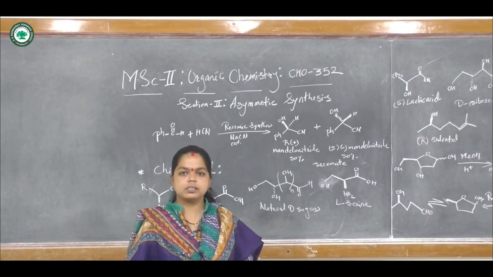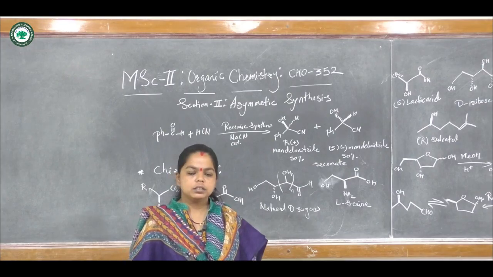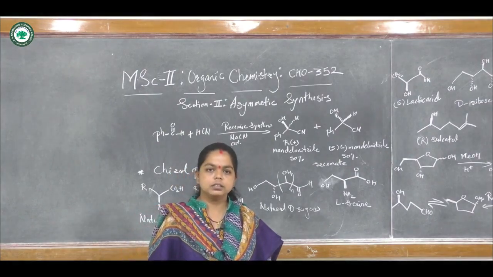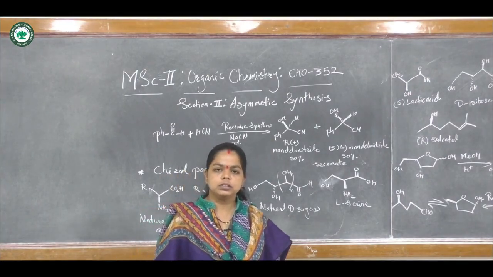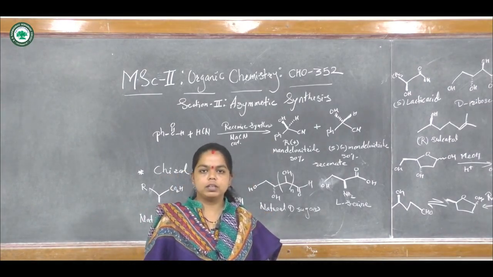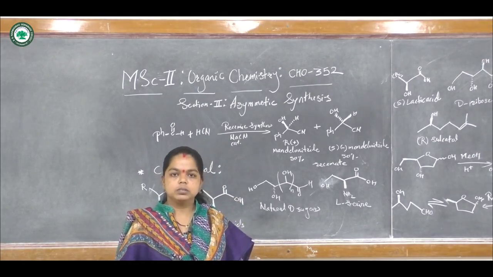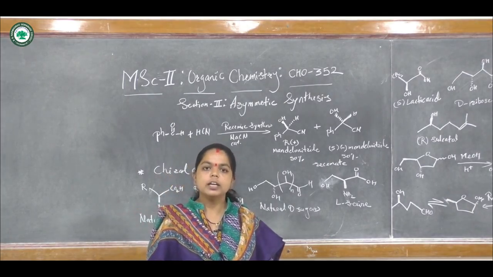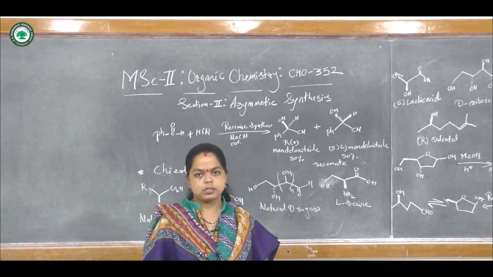In this case, if a racemic mixture is obtained, the traditional methods are used. This racemic mixture is resolved, that is, separated. But this process requires more time and one enantiomer will get wasted. It is also a very tedious process.